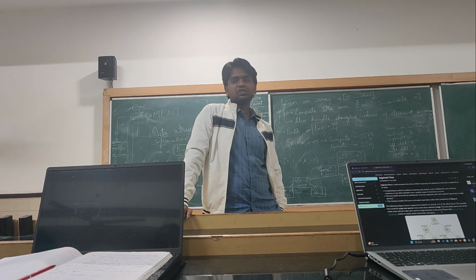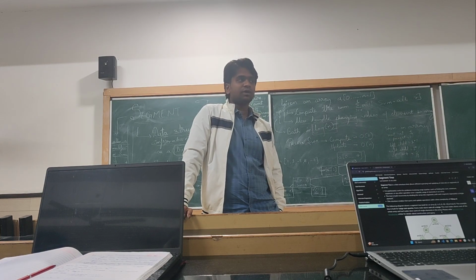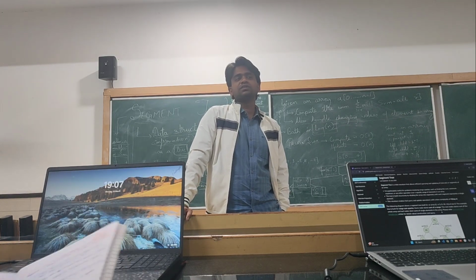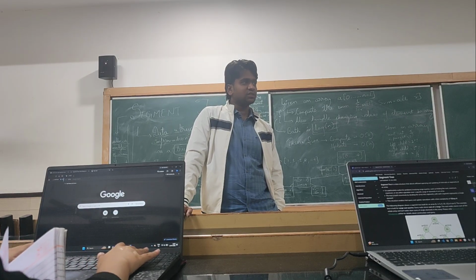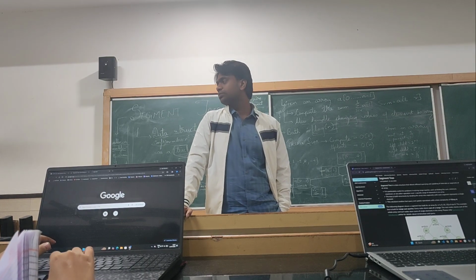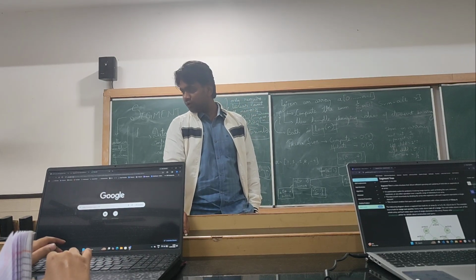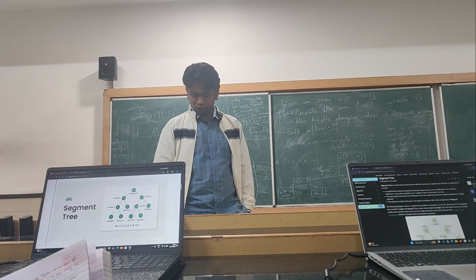What is 2 to the power 10? Then 11, 12, 13. 2 to the power 13 is 8192, and after that comes 2 to the power 14, which is 16384, and 2 to the power 15 is 32768. Let's do one more: 2 to the power 16.